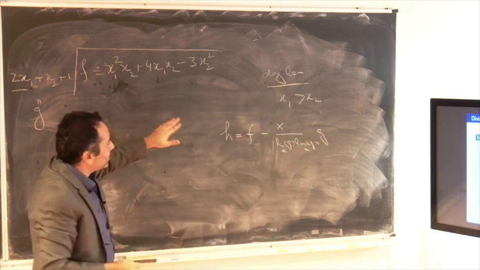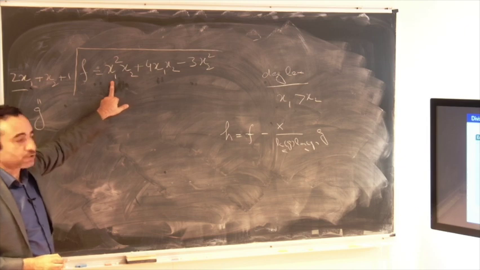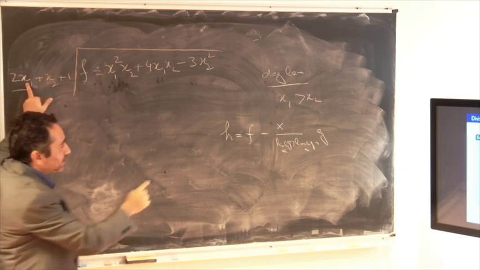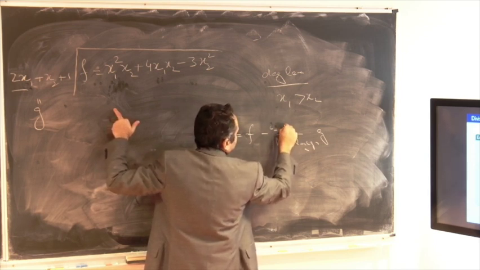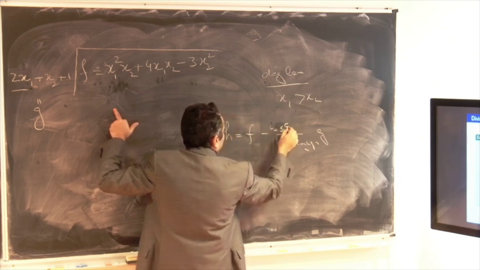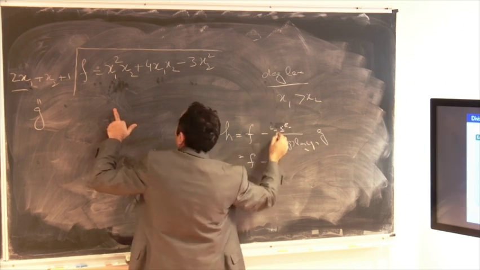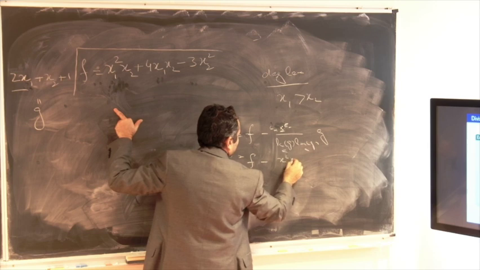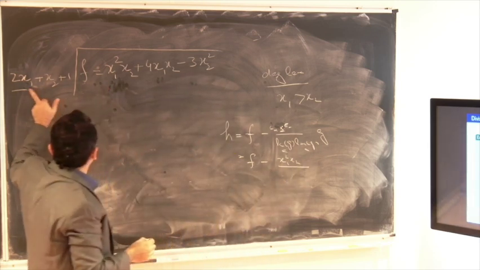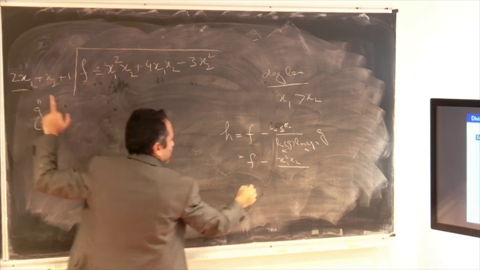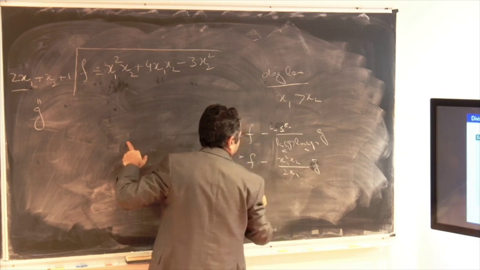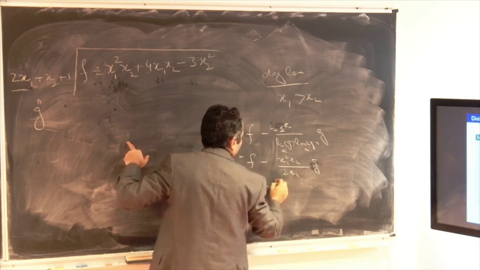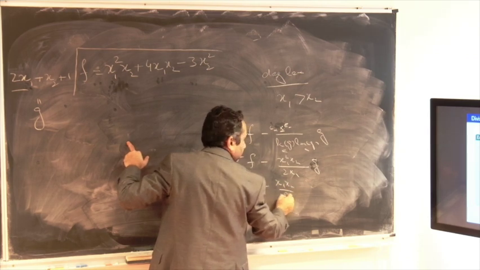In this case, the leading term x1 square x2 is divisible by x1, so we write it like c alpha multiplied with x to the power. So h is equal to f minus x1 square x2, and we need to divide by the leading term of g, which is 2x1, and multiply with g. So this is f minus x1 x2 by 2 times g.